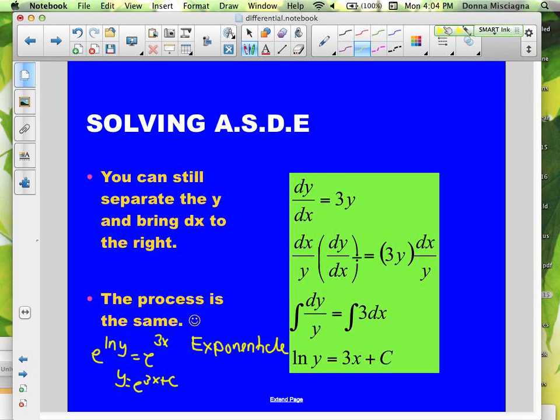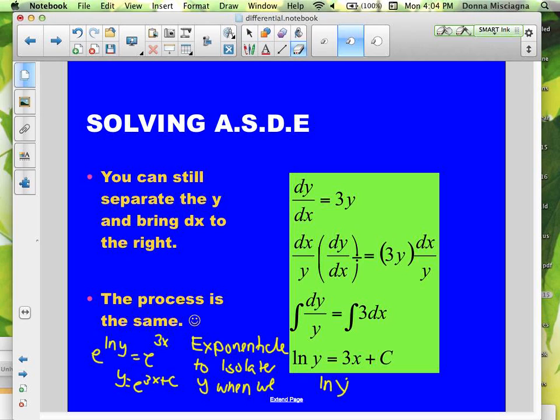Yes. So we'll exponentiate to isolate y when we have ln y.